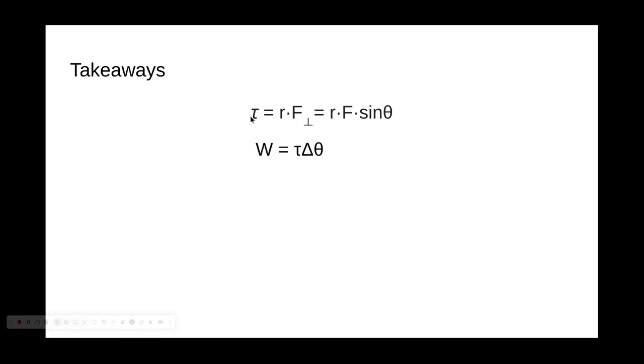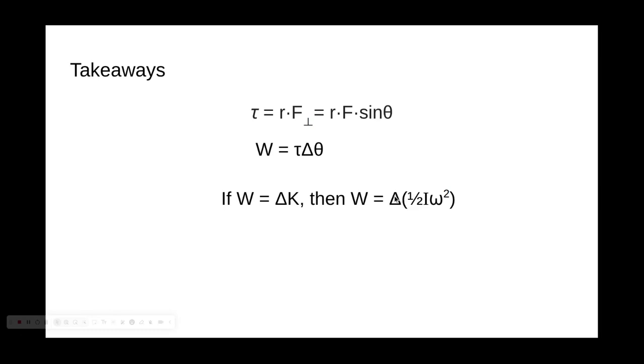Work is torque times the change in the angular displacement. And work is also a change in kinetic energy. So in this case, that's a change in rotational kinetic energy, which can be found from the formula 1/2 moment of inertia times the angular velocity squared.